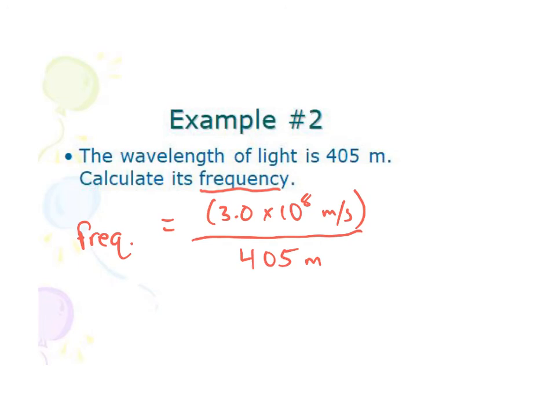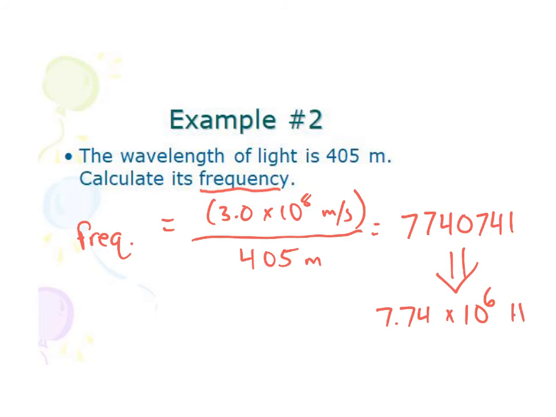Note, this one's a little bit easier to put into a calculator. And you're going to get this answer. But if you get it in scientific notation, which is easier, it's 7.74 times 10 to the 6th. And what is my frequency in Hertz? So here is my answer.